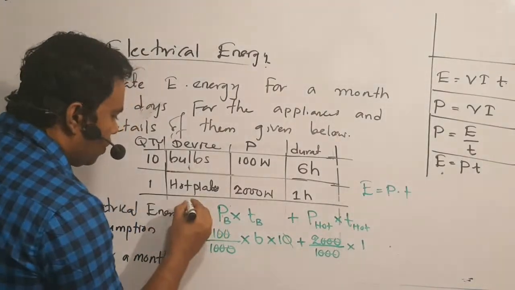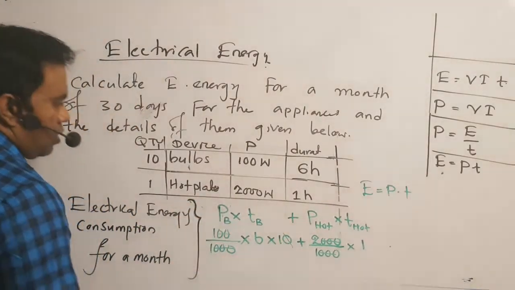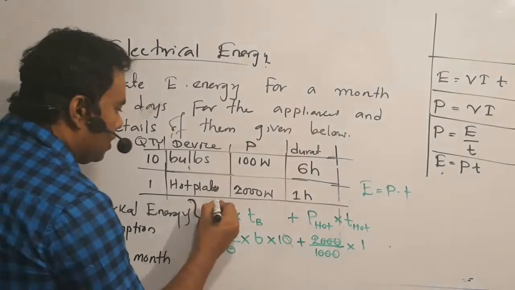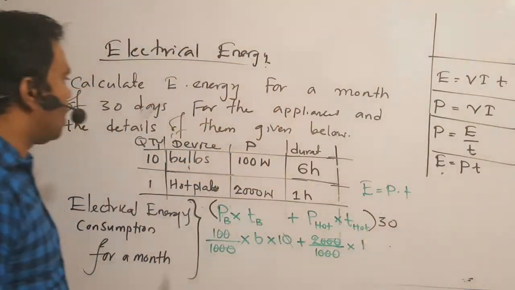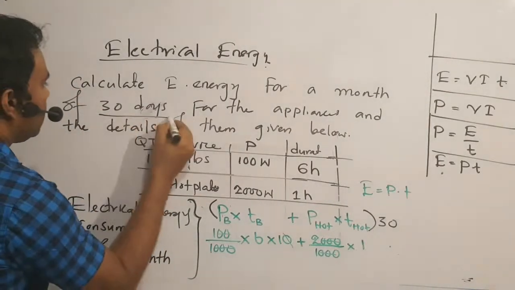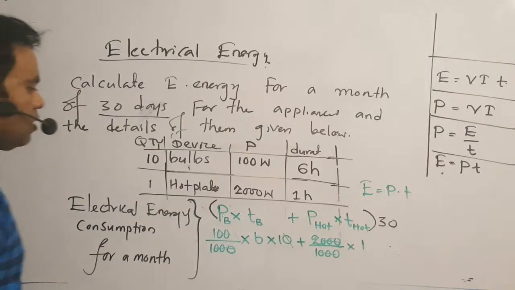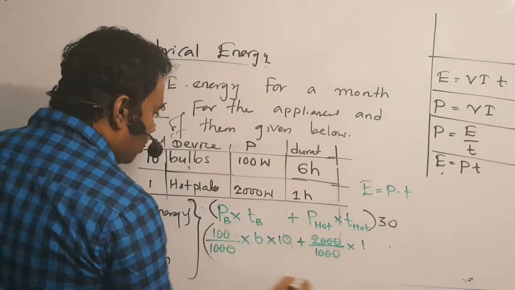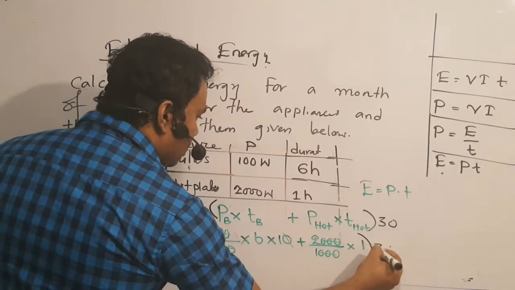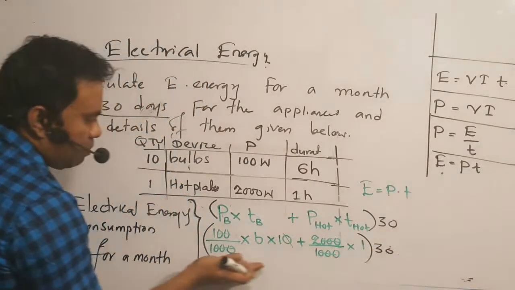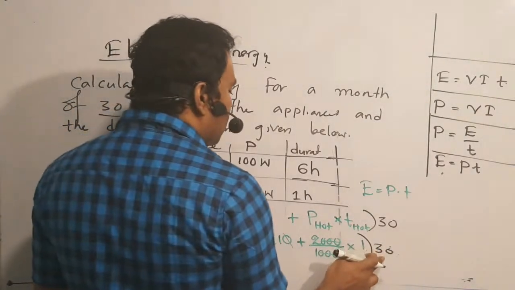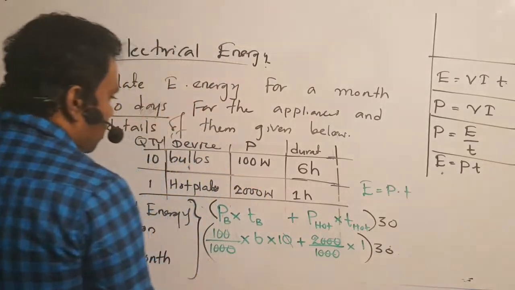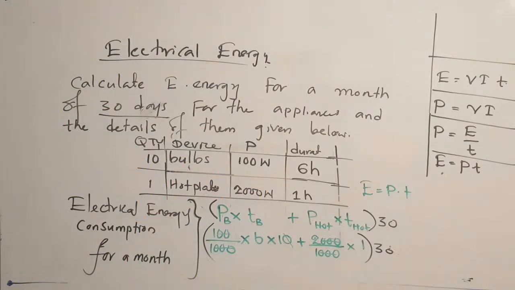Then what you have to do is just multiply this by 30 days, because 30 days was given when we started the calculation. So per month, you calculate with 30. From the middle expression we got 8. 8 times 3, so that's 24.